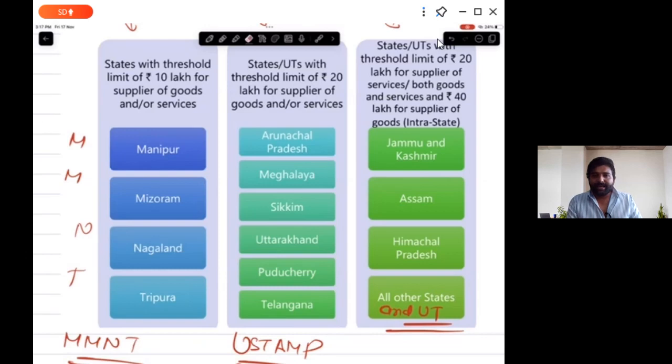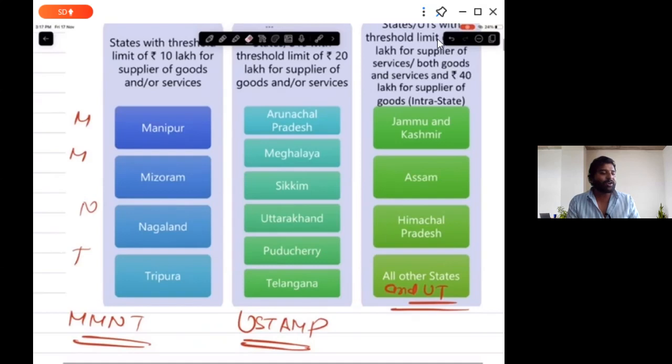There are some states where the turnover limit is 20 lakh for all goods and all services, and those states are called U stamp. Why U stamp? Because Uttarakhand, Sikkim, Arunachal Pradesh, Telangana, Meghalaya, and Puducherry.